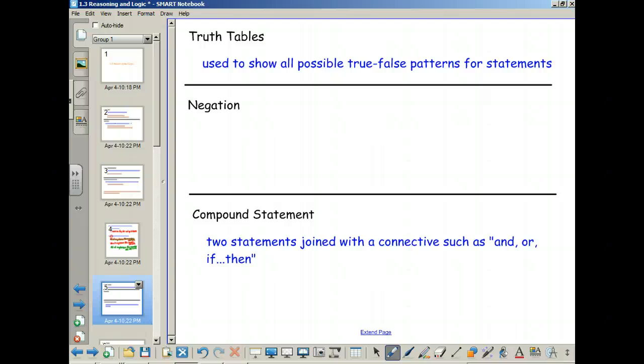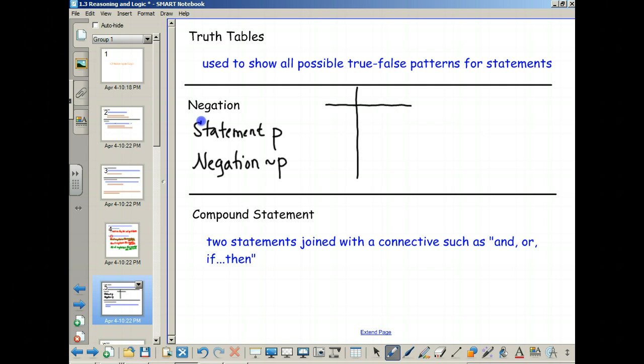So if you have a statement, let's say we have a statement P. The first thing, this happened on an earlier slide, although I didn't really make note of it, but hopefully you read it. The negation is a tilde and then a P. And if we create a truth table, it looks like a T-bar, something like that.